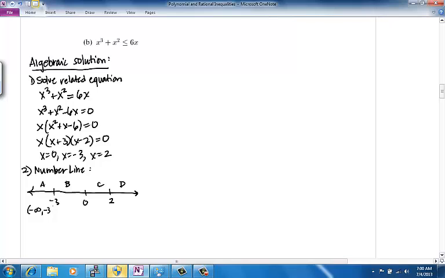This time I'm going to choose a square bracket because there is an equal to symbol with my inequality. And -3 to 0. Again, square brackets because of the equal to symbol. 0 to 2, and then 2 to infinity. So 4 intervals.